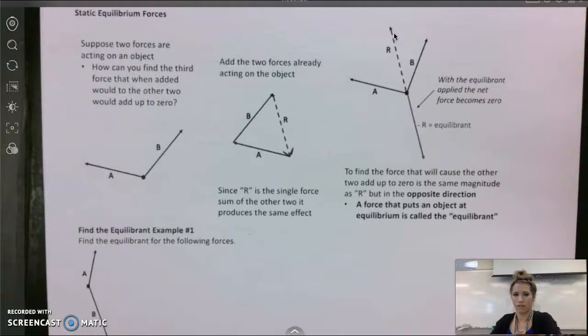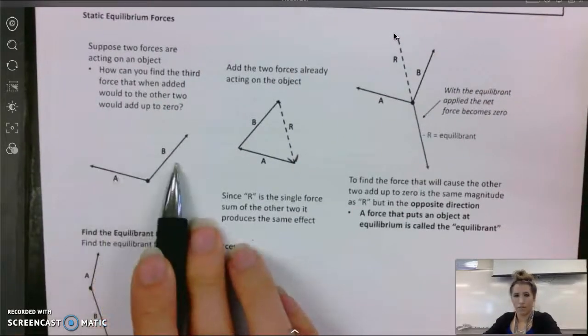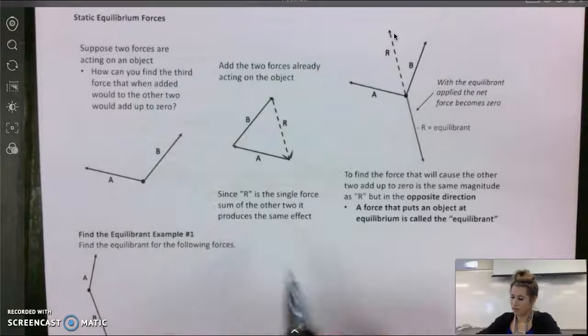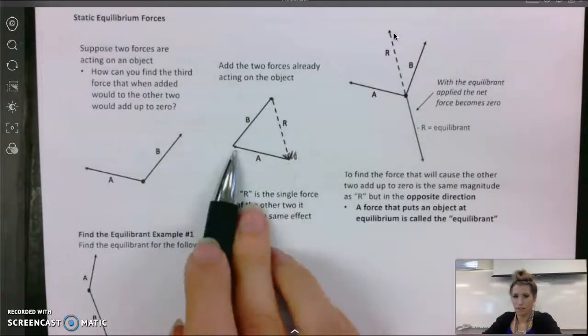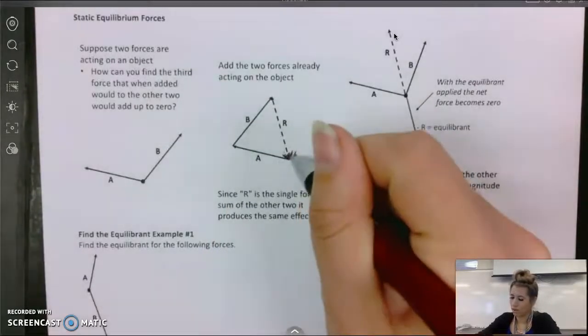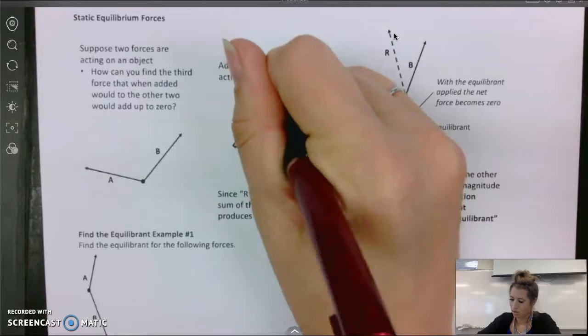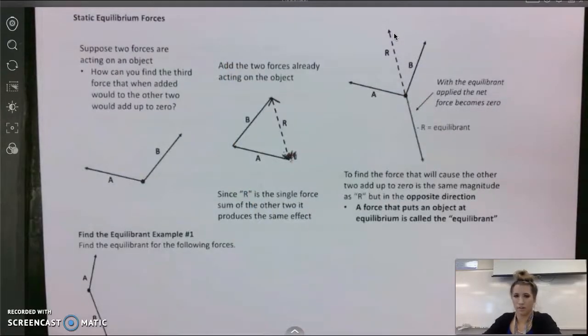Here's another way of looking at a similar concept. If we take A and B and we add them together, the resultant would be from the tail of the first to the tip of the second, so our resultant vector is that direction, right?